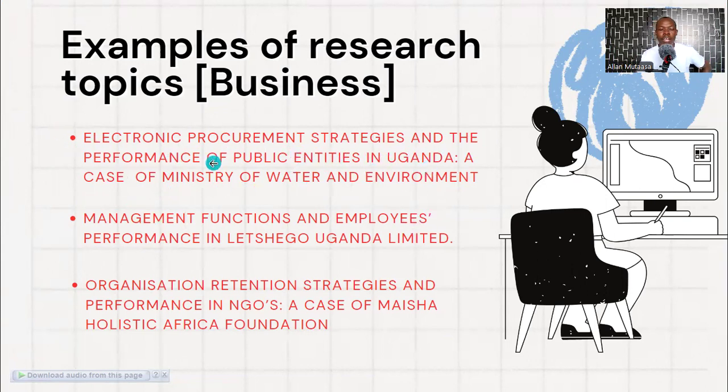So we trim it and we are like electronic procurement strategies and performance of public entities in Uganda, a case of Ministry of Water and Environment. So we have our independent variable, which is electronic procurement strategies, and the dependent variable, which is performance.